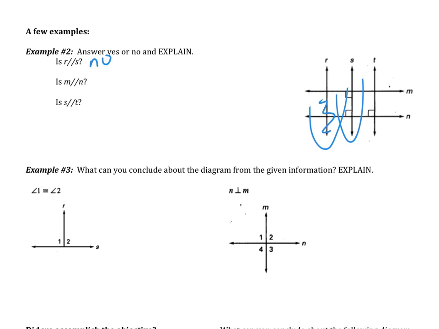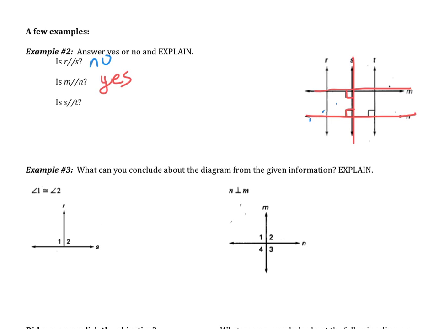But now, if I look at M and N, line M here has a right angle on it. Line N has a right angle on it. So both M and N are perpendicular to S. So based upon our one theorem, two lines perpendicular to the same line are going to be parallel. So therefore we should have yes.